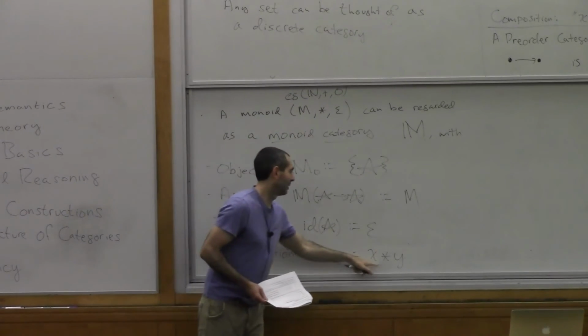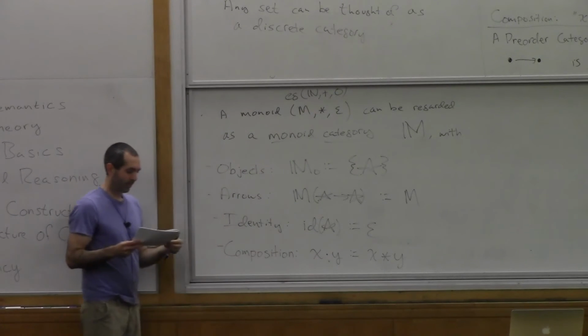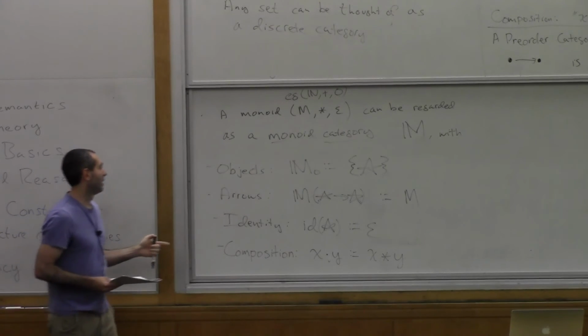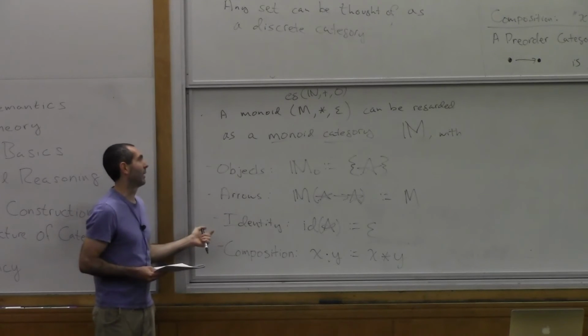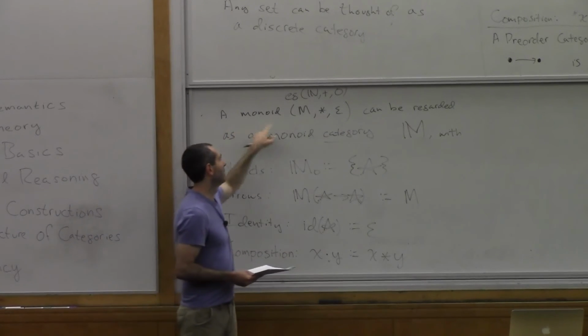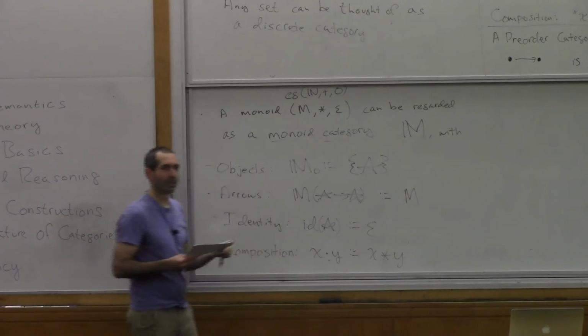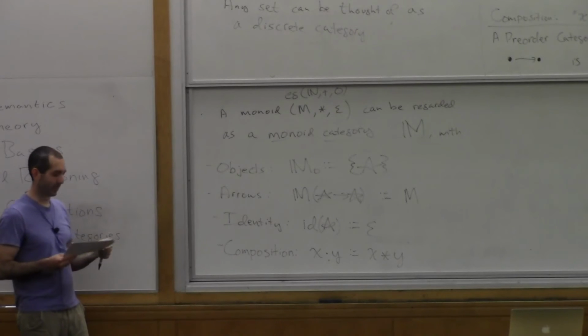But it's just whatever that operation is acting on those two elements. Okay. And so we know that the unit and associative laws of composition for a category are satisfied exactly because in a monoid, this operation is associative and unital with this unit. Okay. So the category laws are satisfied exactly because the monoid laws are required.